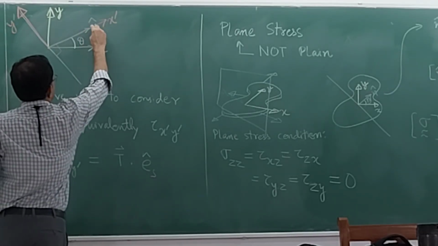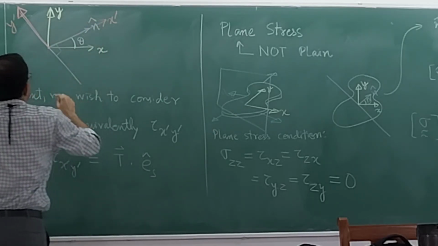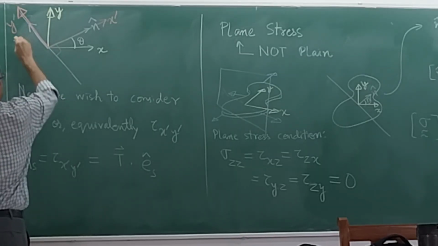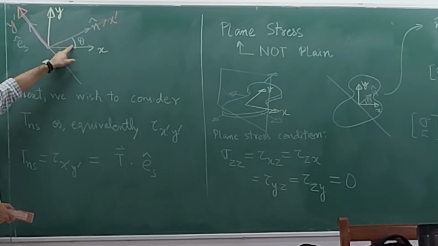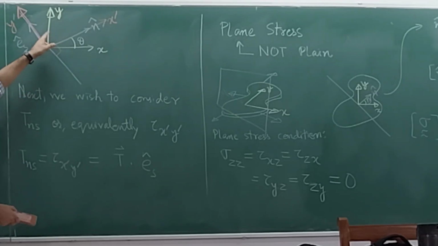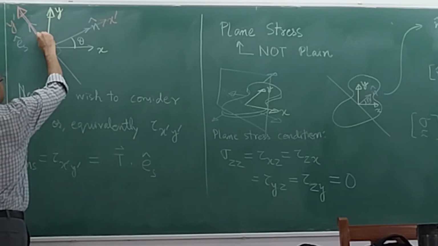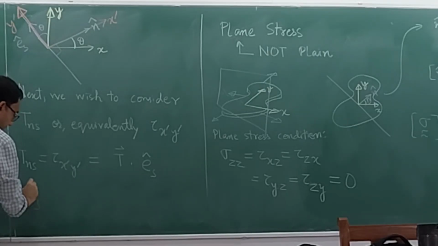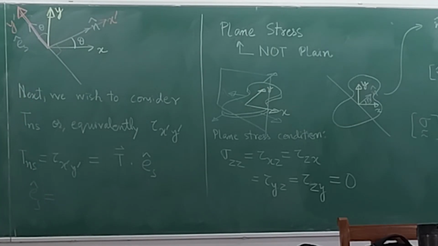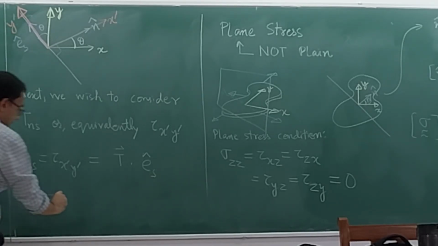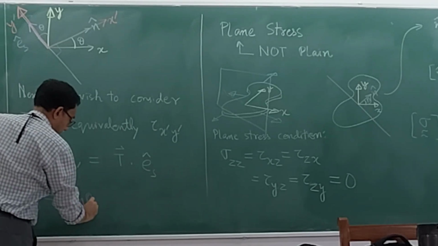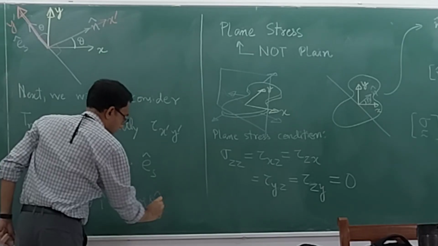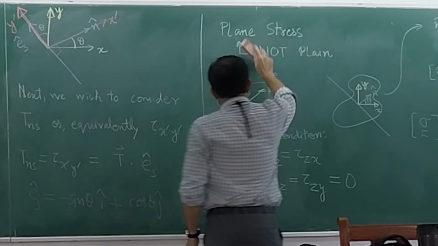My Es hat is here. See, this is theta, this is 90 degree minus theta, this is also theta. So Es hat will be what? Yes, minus sine theta i hat plus cos theta j hat. Okay, very good.